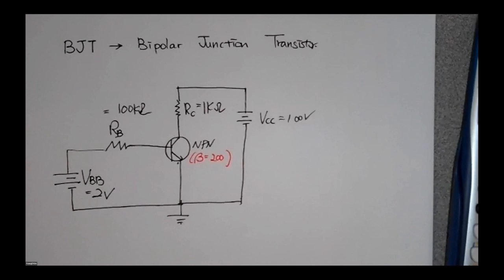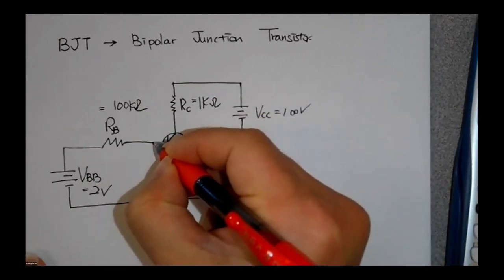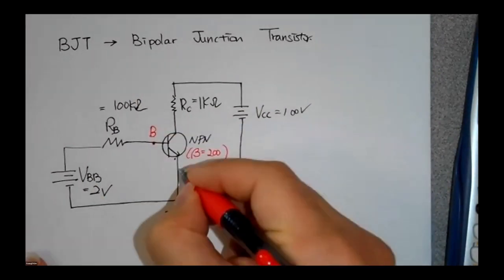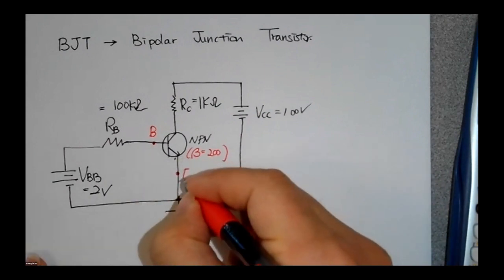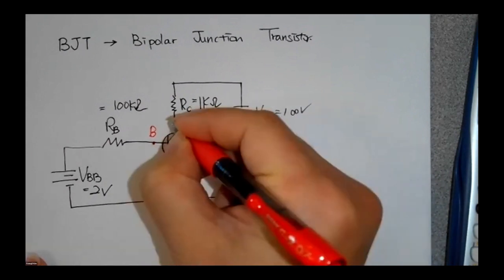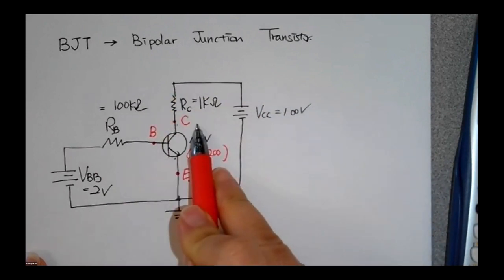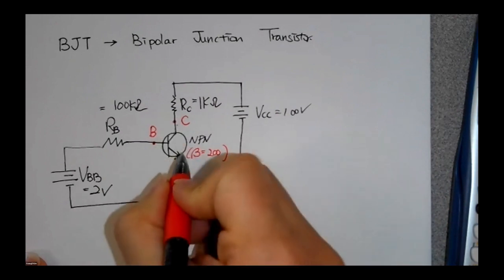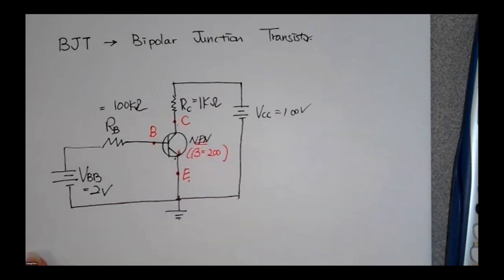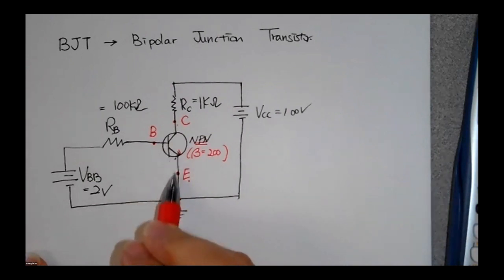So that is the circuit. Do you remember that point is the base? That point is E, the emitter, and that is the point of the collector. Base, emitter, collector. Due to the NPN BJT, the arrow goes from the base to the emitter here.